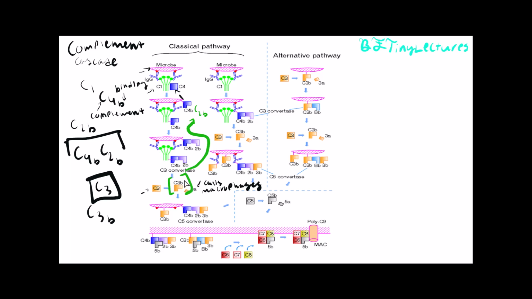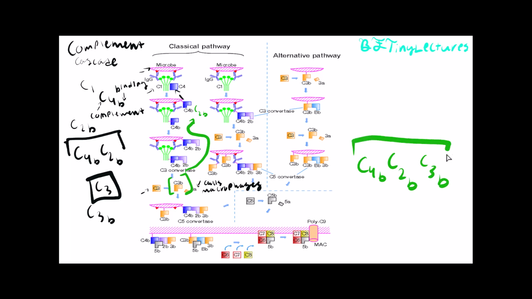This C3b is going to go back to the other C4b, and that creates something called C4b, C2b, and then we're going to have C3b. That's all we did.